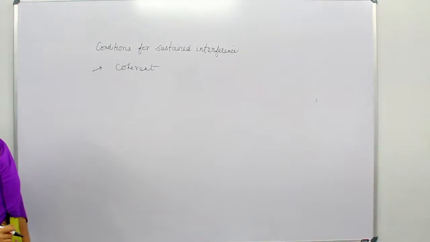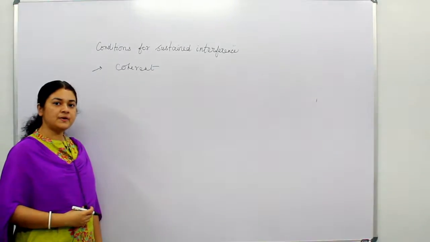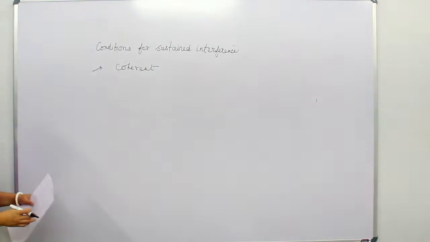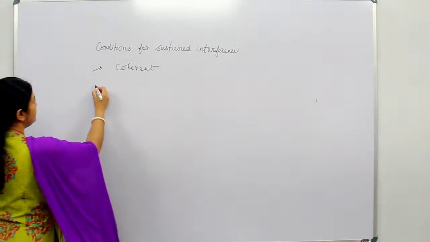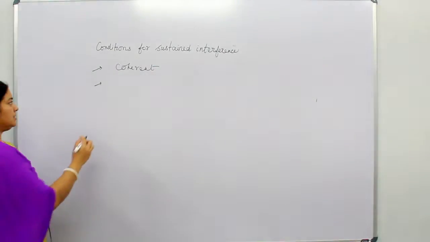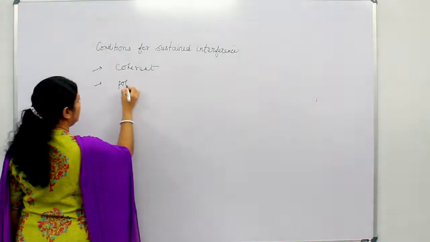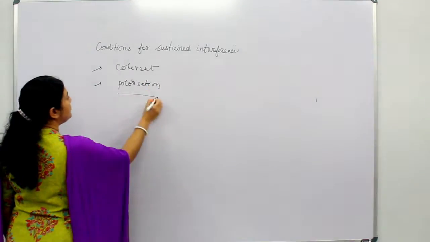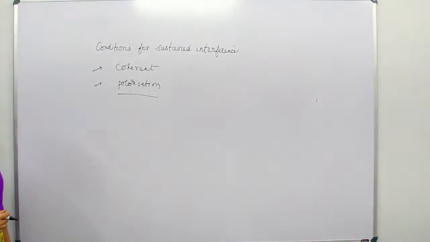That is, they must emit light waves having almost the same amplitude, the same frequency and a constant phase difference. Then the interfering waves must have the same state of polarization. The polarization state of the two interfering waves must be the same.